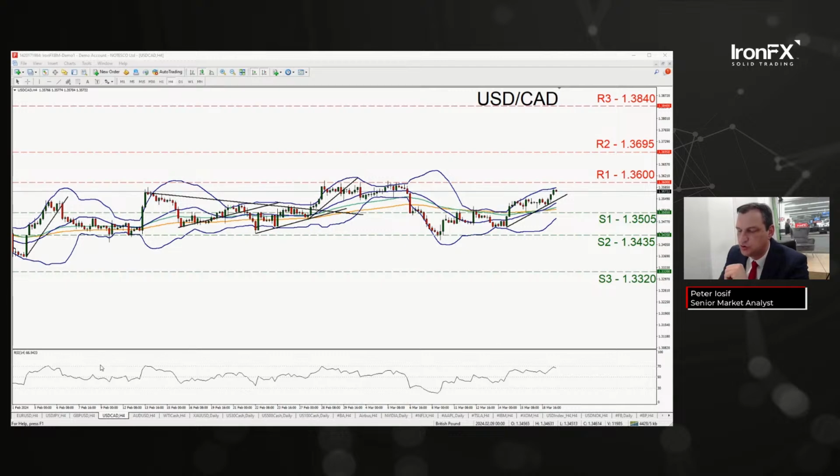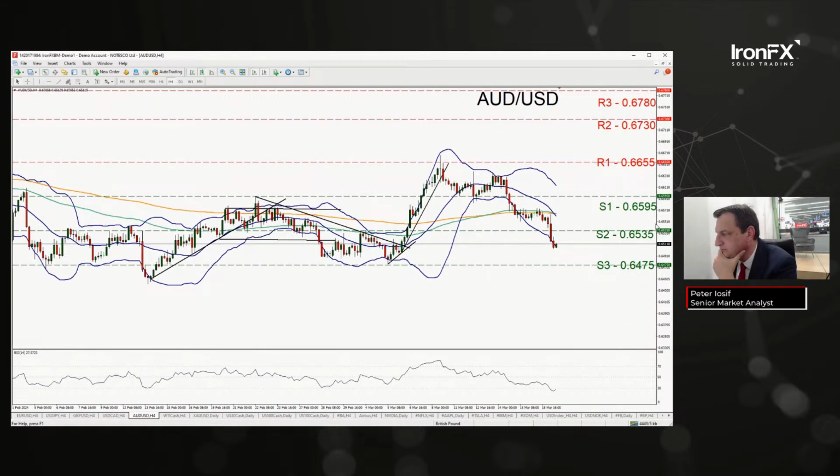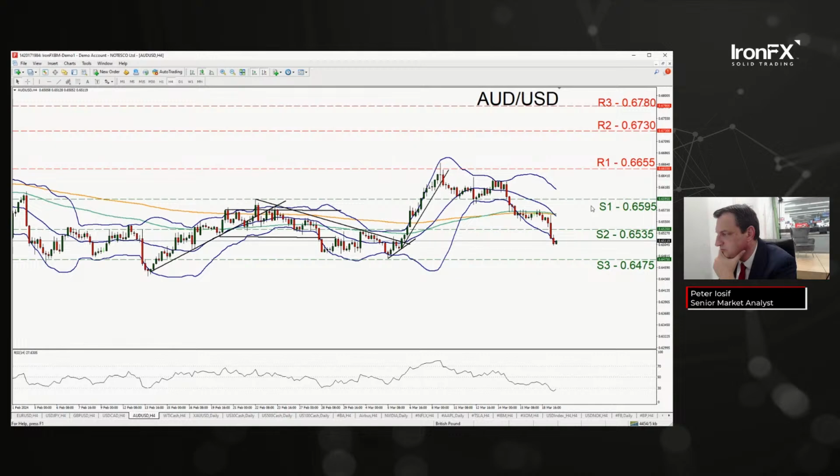Okay, let's have a look also at the Aussie. AUD USD dropping, breaking the 0.6595, breaking also the 0.6535. We definitely have to find new support levels. So let's turn these into resistance first. Let's go down.